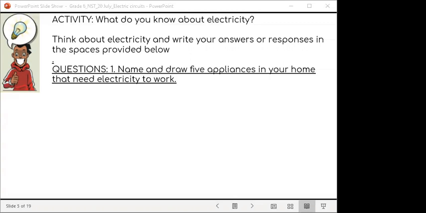Shakira says the Xbox. If you do have the book in which this activity is, you can join in and draw, it's perfectly fine. Laura says the fridge, stove, TV, lights, alarm, laptop, as well as phones. We see a toaster coming up, the microwave.